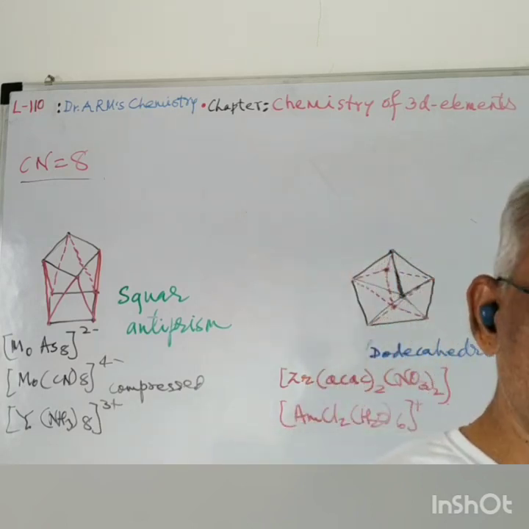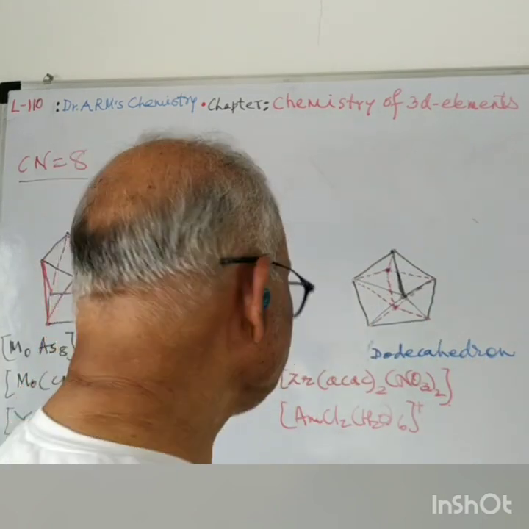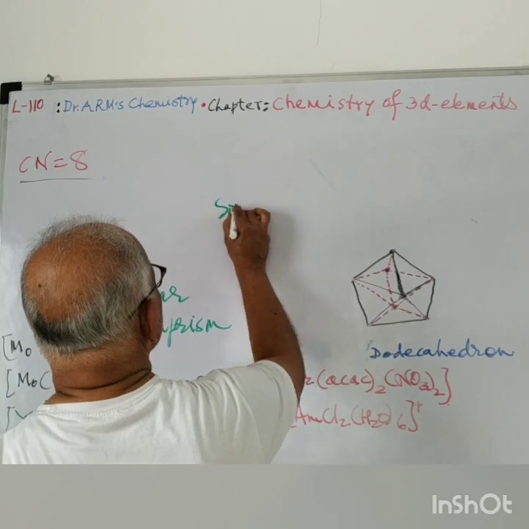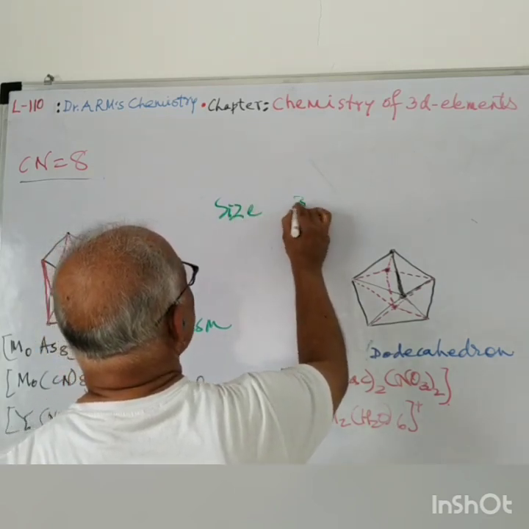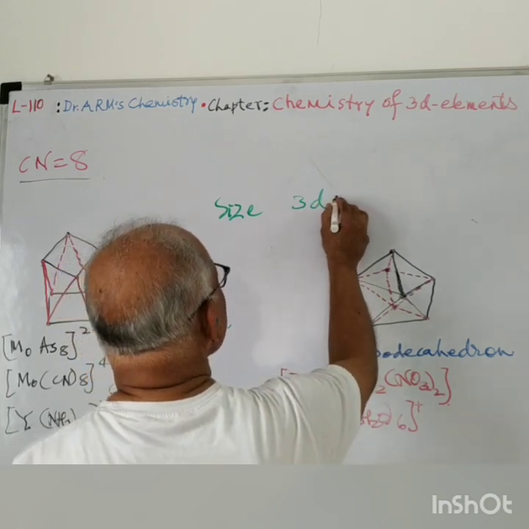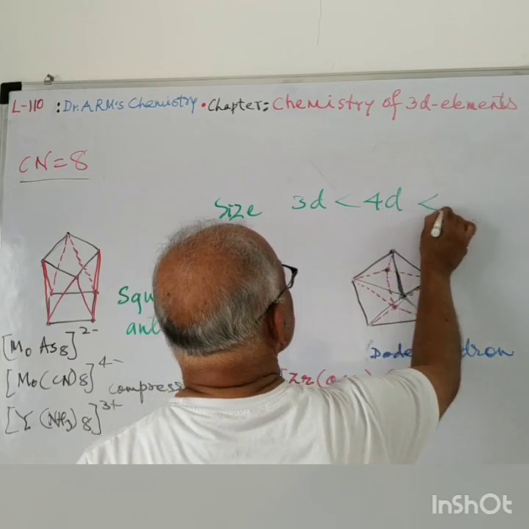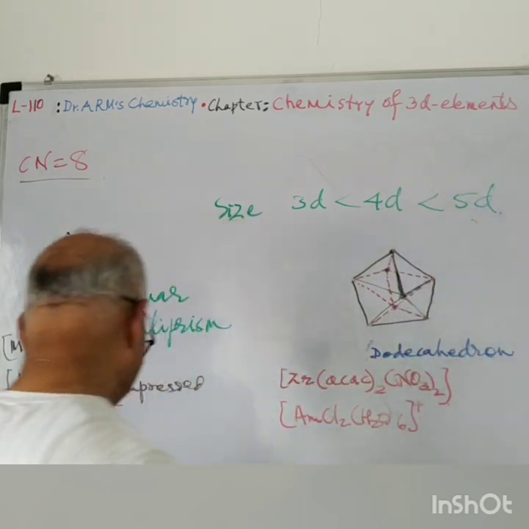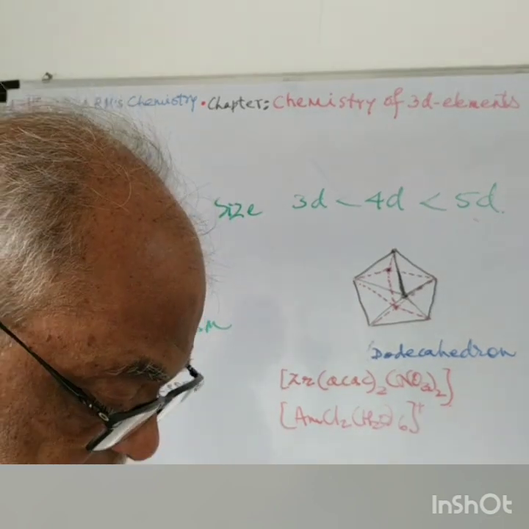The size of the metal ion should increase. We know that the size increases from 3d to 4d to 5d. In this way, size is found to be increasing.